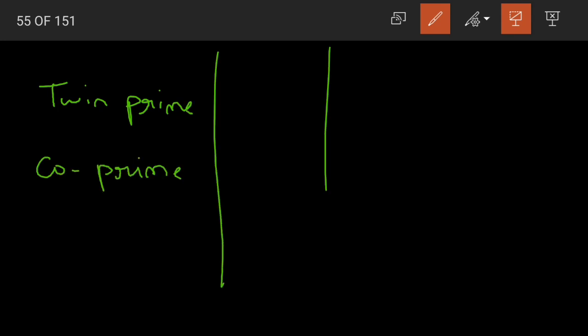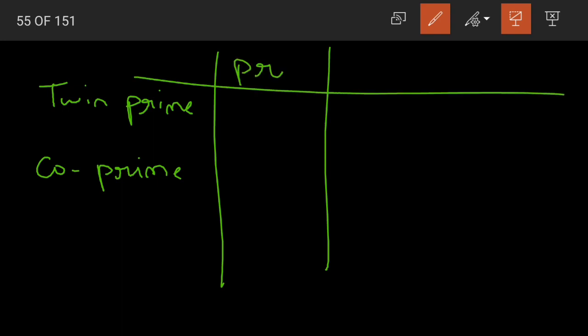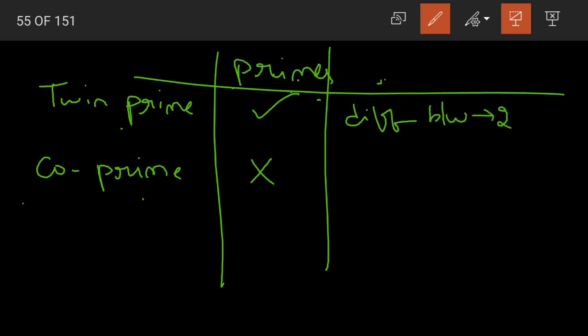Let us summarize twin primes and co-primes here. Twin primes, co-primes. Are both the numbers prime numbers? Yes, in twin primes we have two prime numbers, whereas in co-primes it is not necessary that both the numbers are prime numbers. And what is the criterion here? The difference between the two primes should be 2.